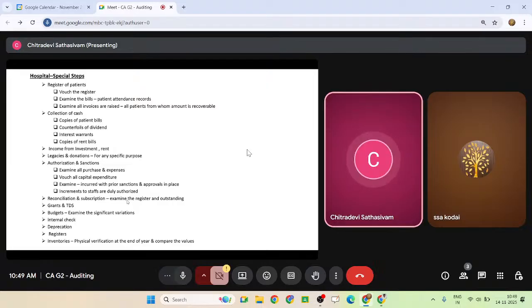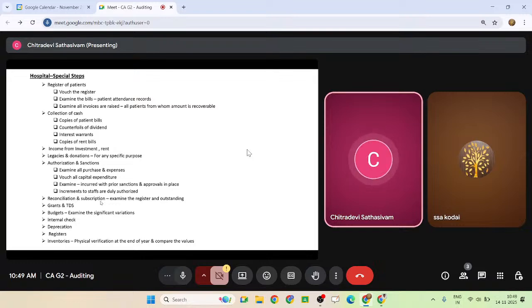These are the special steps you need to consider when you do the audit for a hospital entity. So this covers all the points. The key things are legacy, donations, cancellation, subscriptions. These are the keywords the examiner sometimes expects from you.